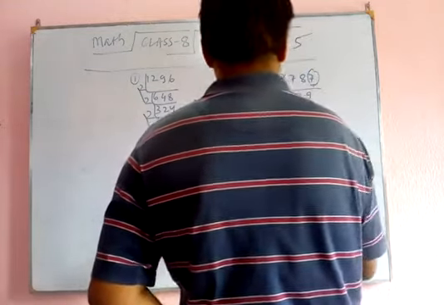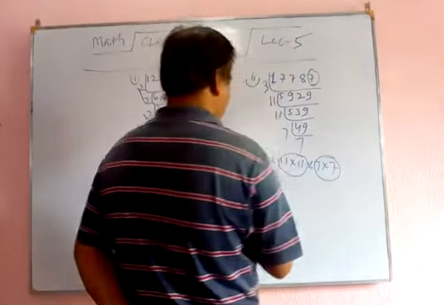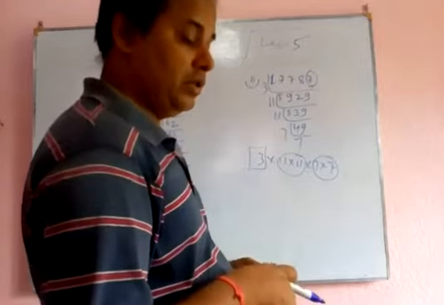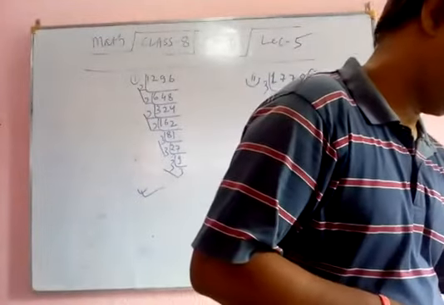Here pairs are there, but this 3 doesn't have any pair. So this is not a perfect square.